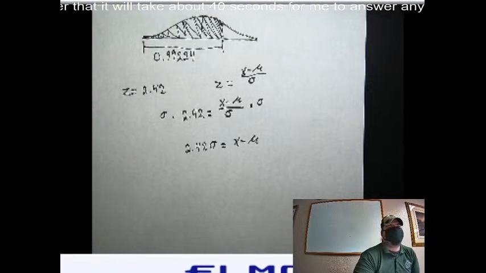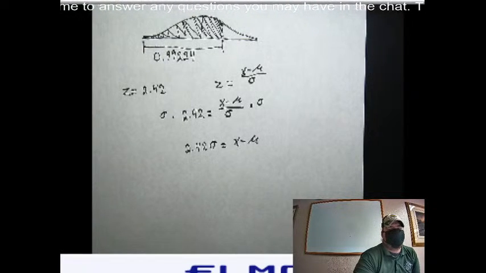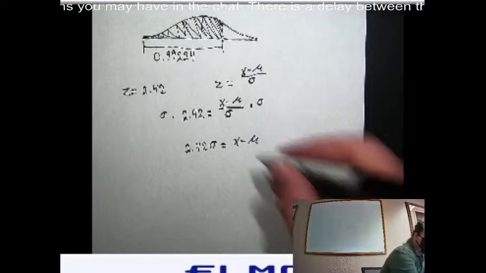Okay, again, we want to get x by itself, so what's the next thing we can do to try to get it by itself? Yeah, add mu to both sides.